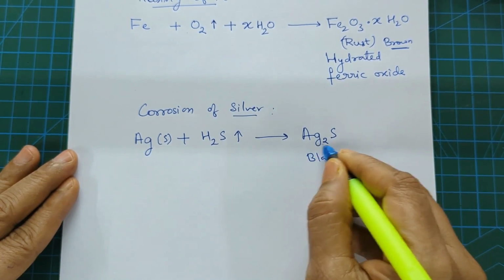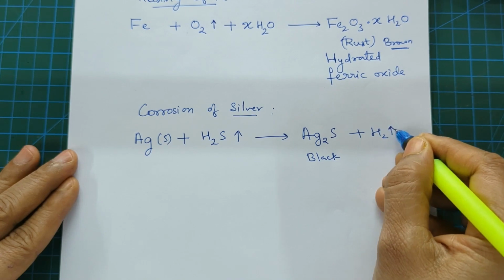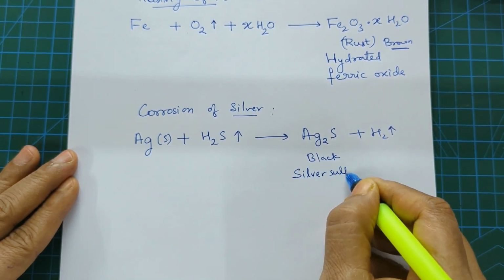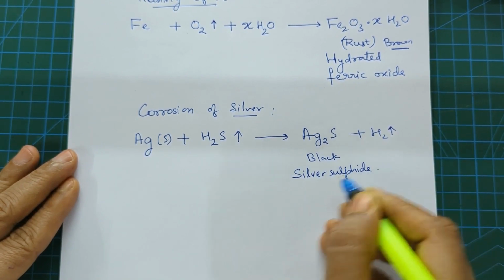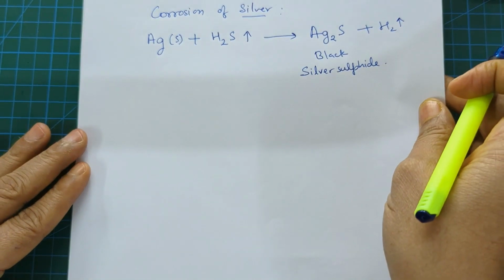This is the corroded form of silver, and along with that hydrogen gas is released. Okay, then we'll see the reaction for corrosion of copper.